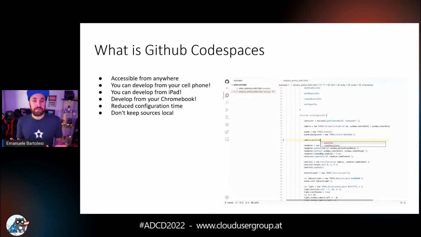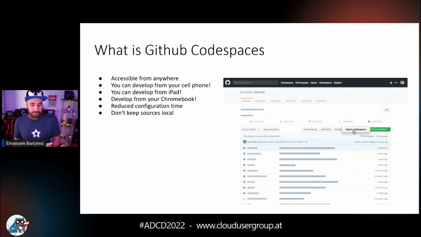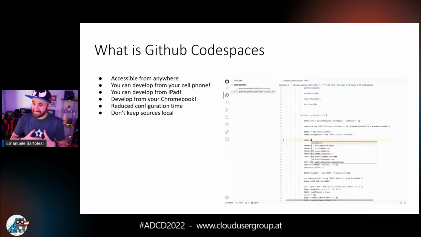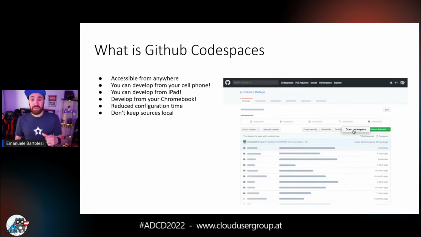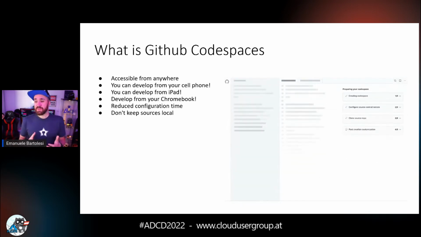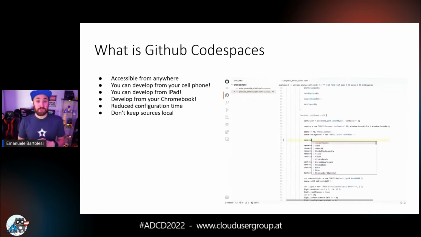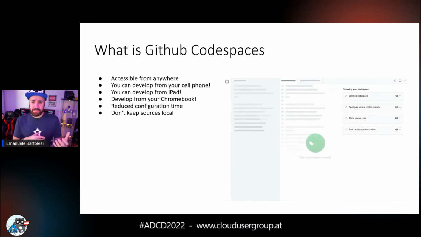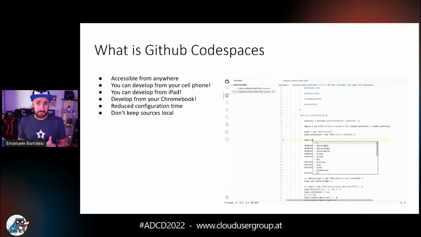So this is important because you can have your extensions, your workspace settings, and stuff like that, but in a browser. But later we can see how we can also use Visual Studio Code with Codespaces. And of course, you reduce the configuration time because you can grab your settings from one Codespace to another.